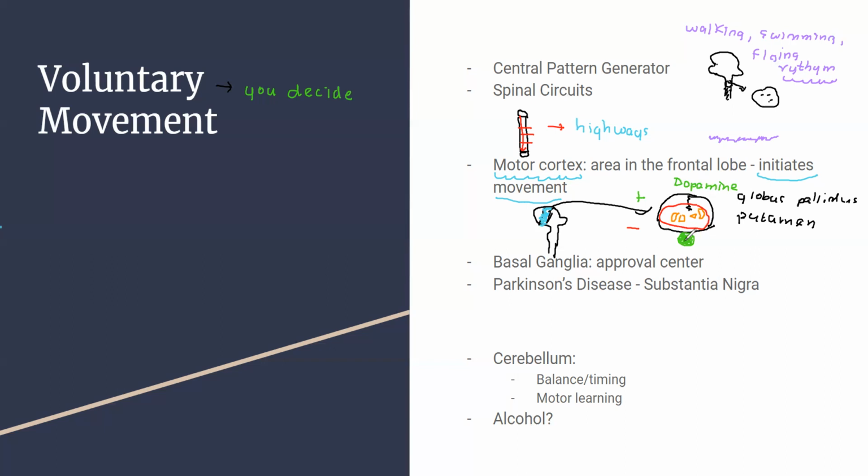And dopamine is produced in a region of the brain called the substantia nigra. I'll get more into this later. But what happens when your basal ganglia decides no, I don't want to initiate the movement? It releases a neurotransmitter called GABA.